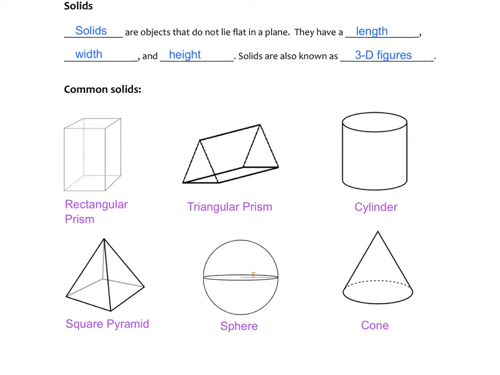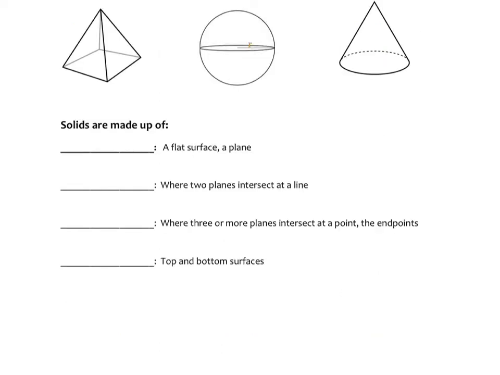Now let's discuss some parts of a solid. Solids are made up of 4 different parts. The first is a face. A face is a flat surface, also known as a plane. Let's look at our square pyramid.